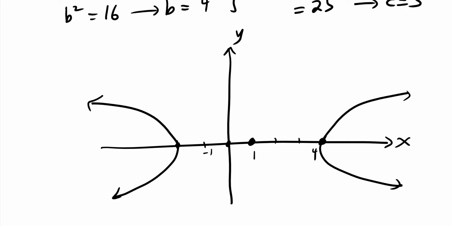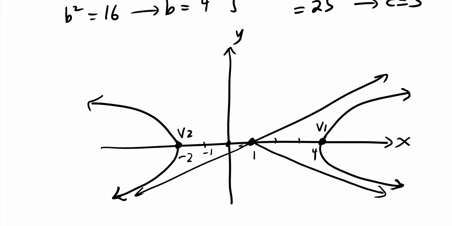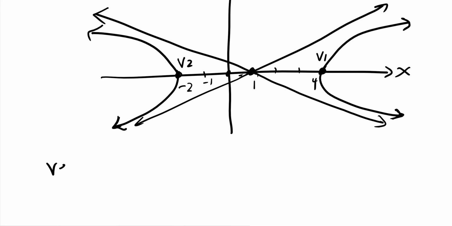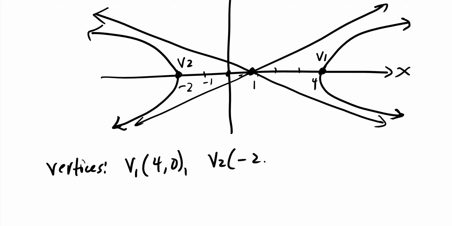These are V1 and V2, the vertices. The asymptotes will look like this, graphing wise. With plotting the graph, it was easy to find the vertices: V1 is (4, 0) and V2 is (-2, 0).